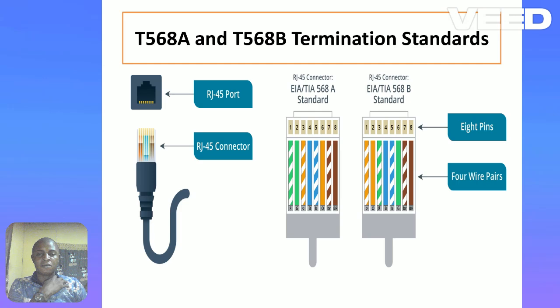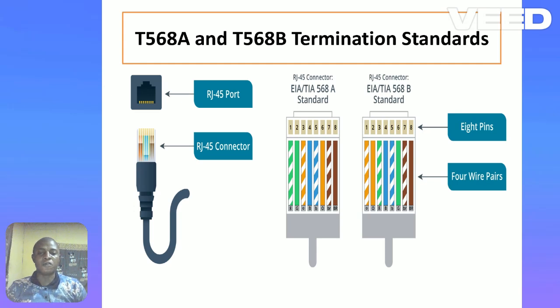Moving further, I've actually explained the RJ45 and the RJ11, but we are going to talk specifically about the RJ45. Now this RJ45 has a standard. What do we call the standard? We call it the termination standard, and it is classified into two: T568A and T568B.